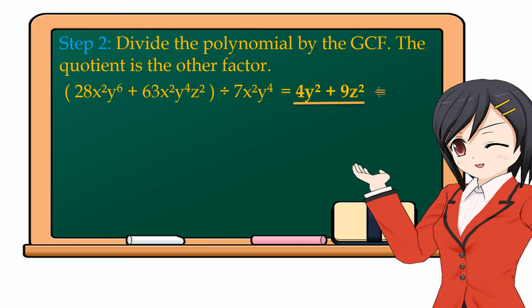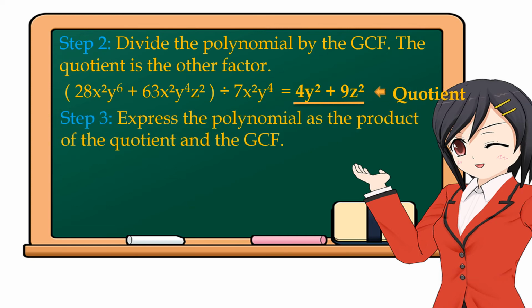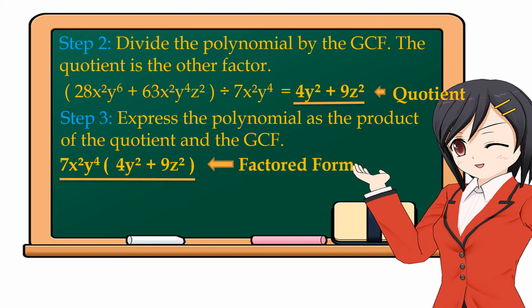So it is our quotient. And for step number 3, express the polynomial as the product of the quotient and the GCF. So we have 7x squared y raised to the 4th multiplied by quantity 4y squared plus 9z squared. So it is the factor form of the given binomial.